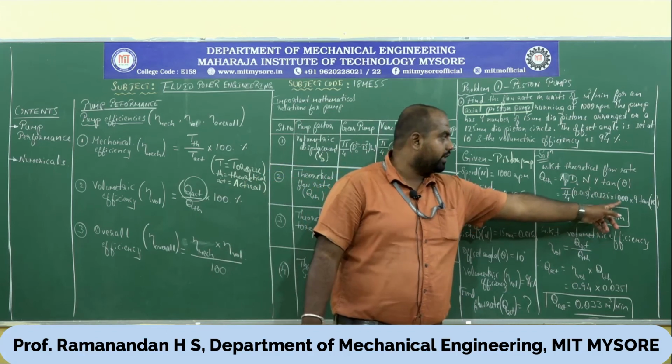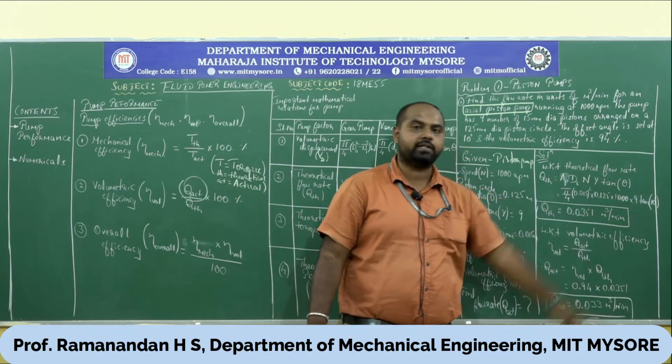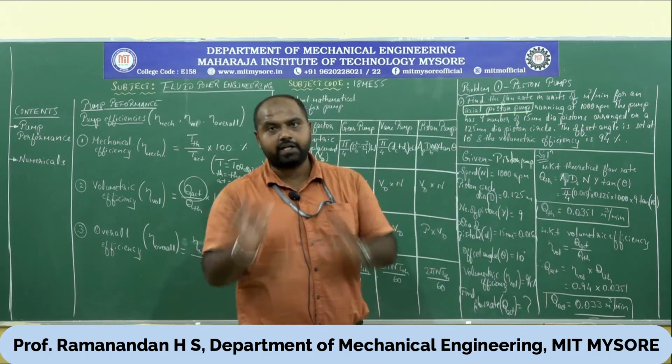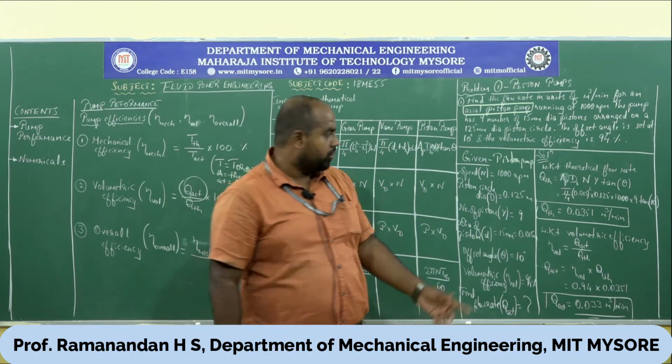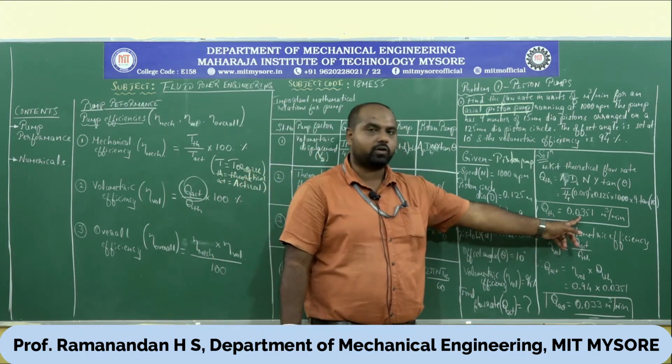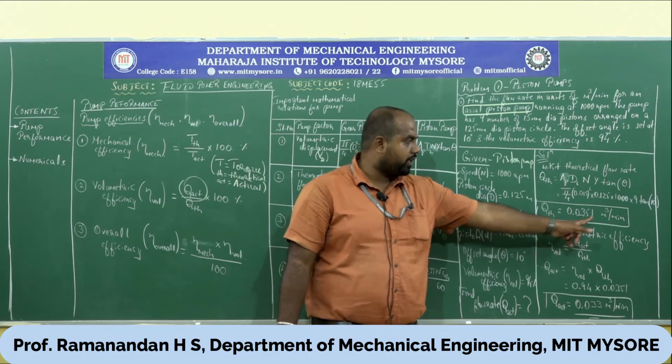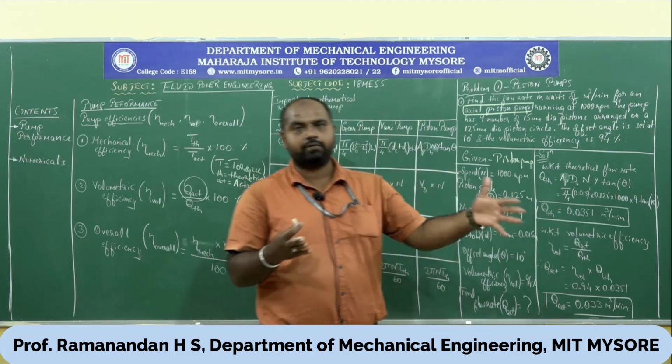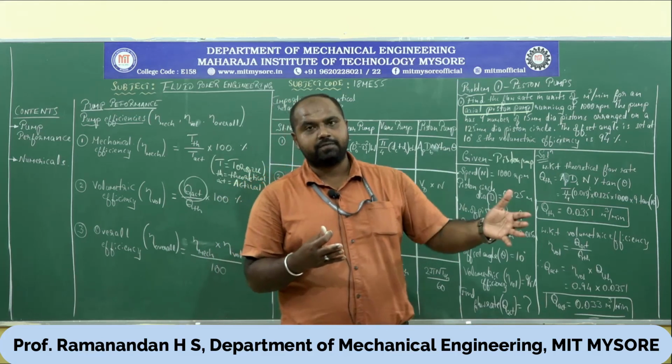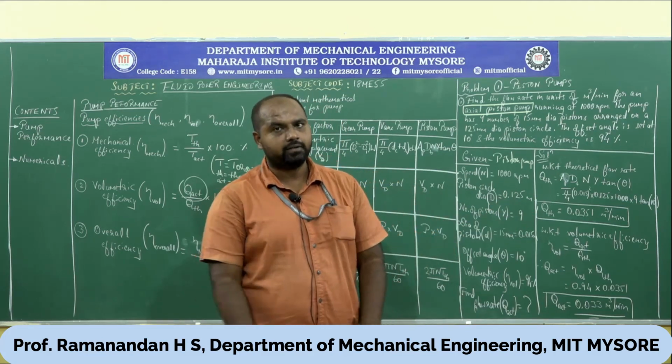N is 1000, he has already given. Y is also 9 pistons, theta 10 degree. Every data is given so that I can find out Q theoretical. So that comes around 0.0351 meter cube per minute. Since we have substituted every specification in meters, we will get meter cube per minute.